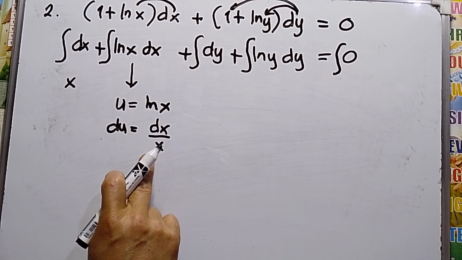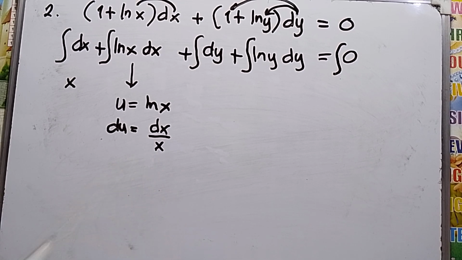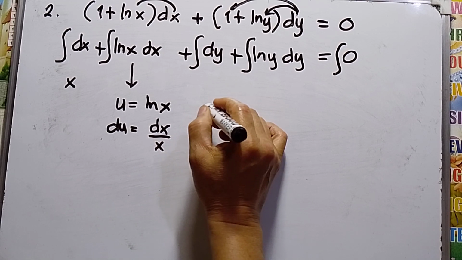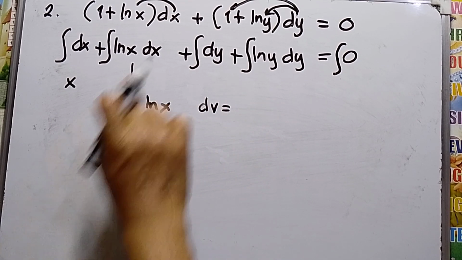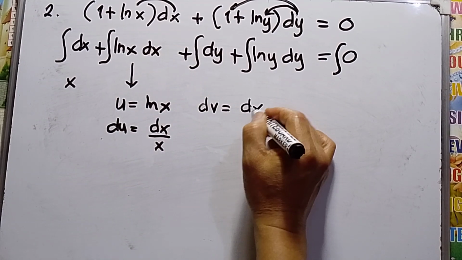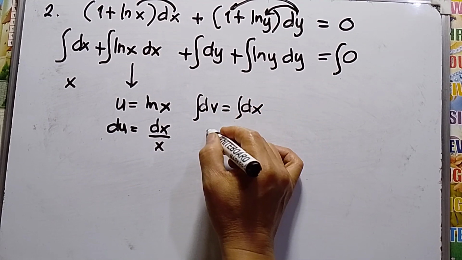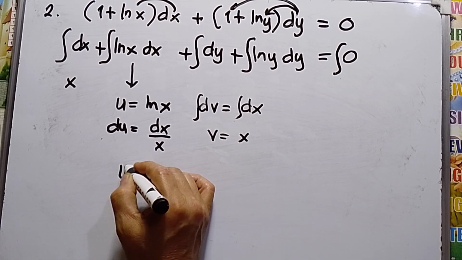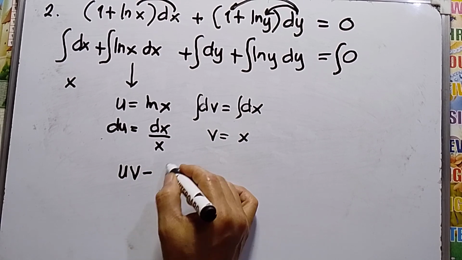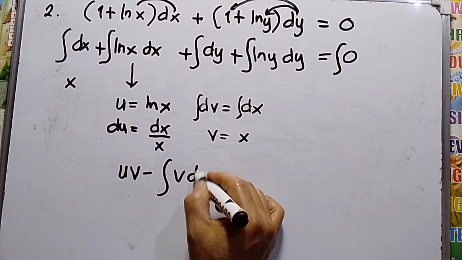I think second year. Then need to write the dv. What's the dv? This one is dx. Then integrate both sides. So this will be v, and then integral of dx will be x. So the formula of integration by parts: uv minus integral v du.